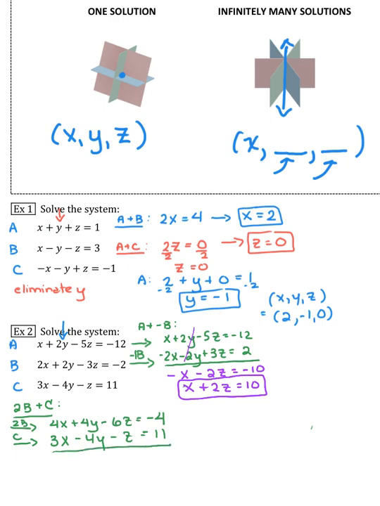We go ahead and add those two together. So I have 7x, again my y's cancel, minus 7z equals 11 minus 4, which is 7. If you like, we can simplify this, since everything has a 7 in front of it, as x minus z equals 1.